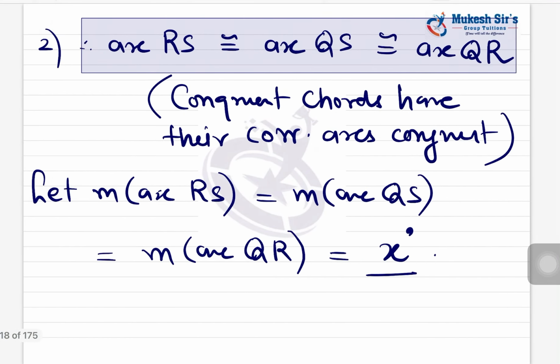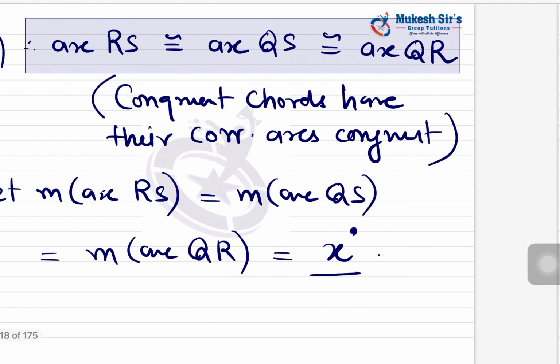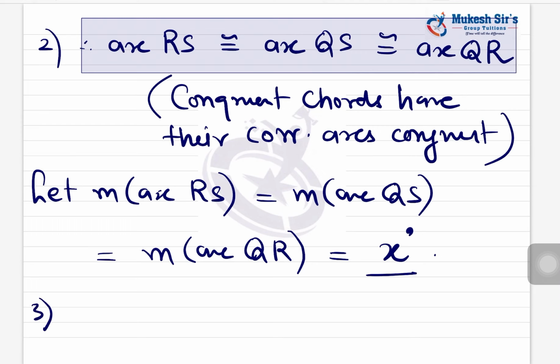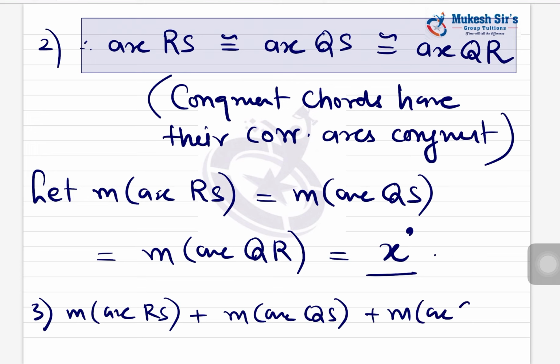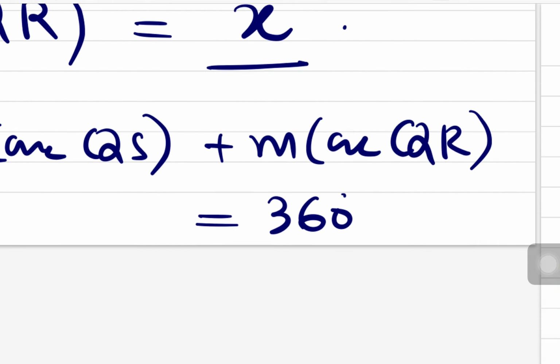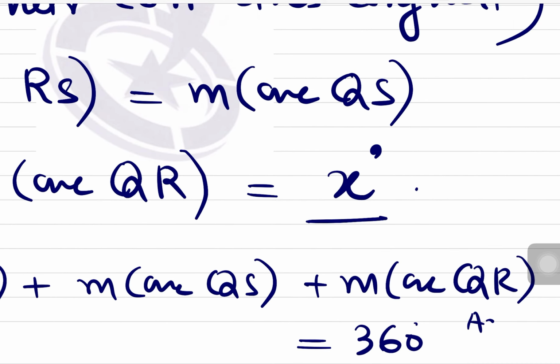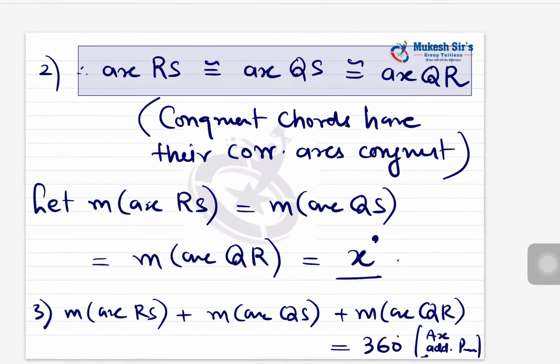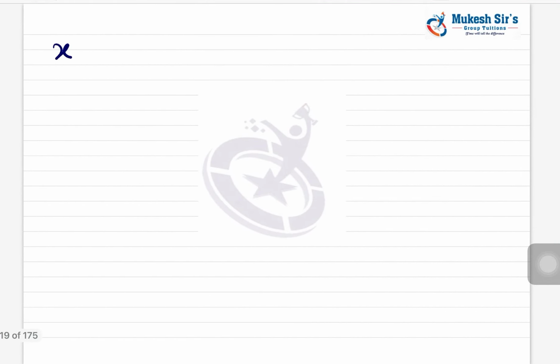So measure arc RS plus measure arc QS plus measure arc QR is equal to 360 degrees, and the reason is arc addition property. So all the three measures are x, so x degrees plus x degrees plus x degrees is equal to 360 degrees.